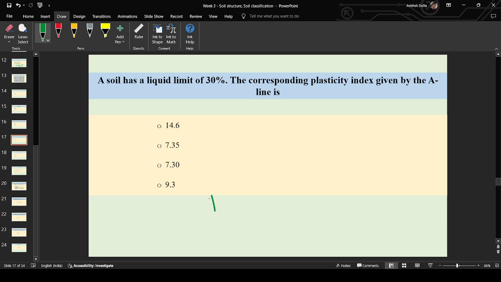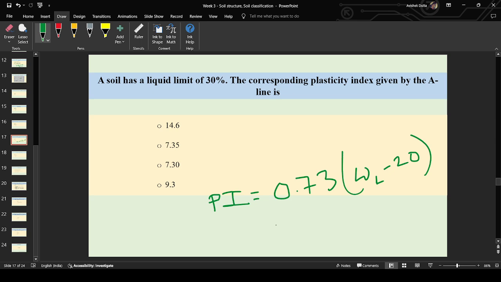For the A line, the plasticity index, IP, is given by 0.73 times liquid limit minus 20. This is liquid limit. So 30 minus 20 is 10. 10 into 0.73 gives us 7.3.